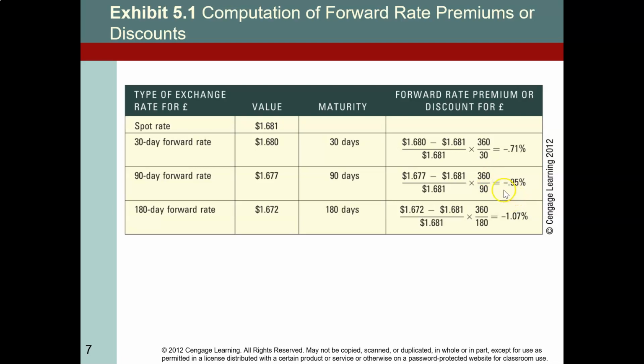And we have negative 0.95% as the forward discount. Lastly, we have this 180-day forward rate. Again, we use this forward rate 1.672 minus the spot rate divided by the spot rate, divided by the number of days, 180, multiplied by 360. So we have an annualized rate of negative 1.07% as the forward rate discount.